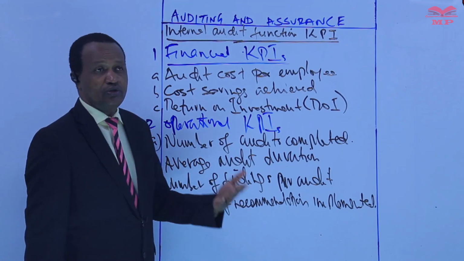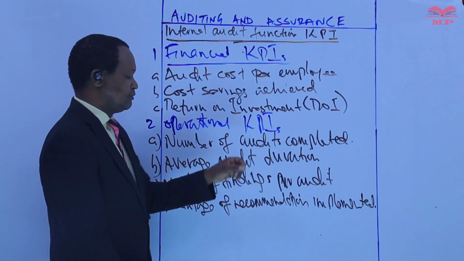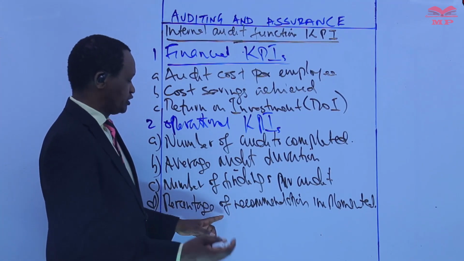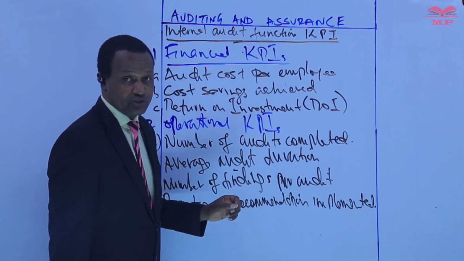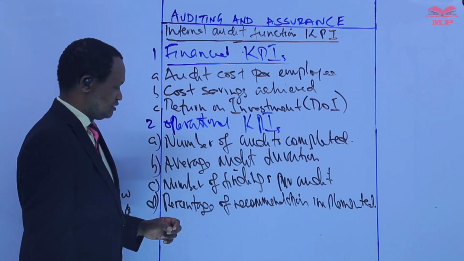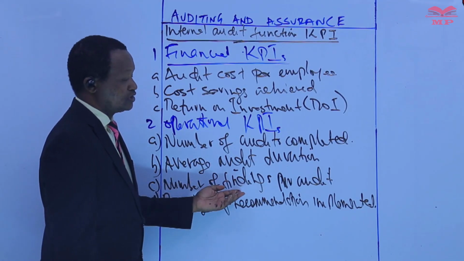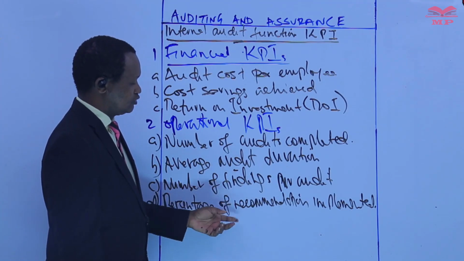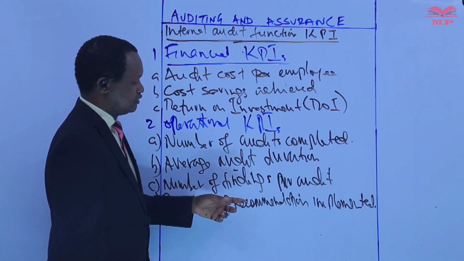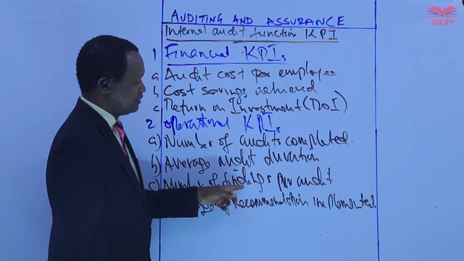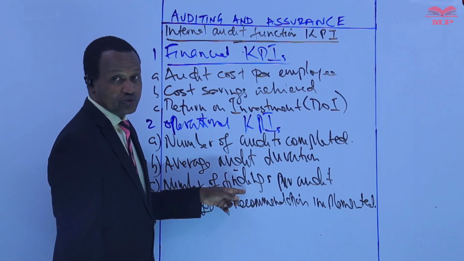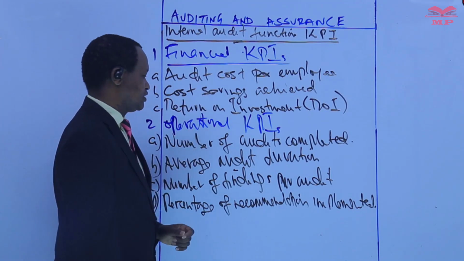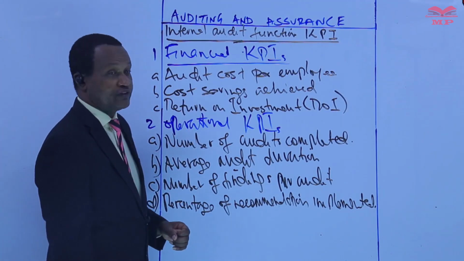Maybe the audit committee can take up the matter with the management and work out a plan in future on how to ensure that all the recommendations are implemented. Otherwise, you see, these people could be doing zero work. You are being paid to identify areas of weakness, make recommendations. If recommendations are not implemented, then it means that the organization is losing. There is no value for money when it comes to the internal audit function.